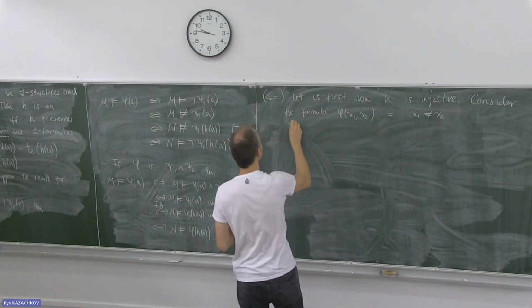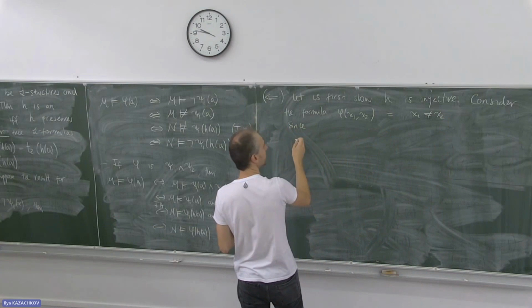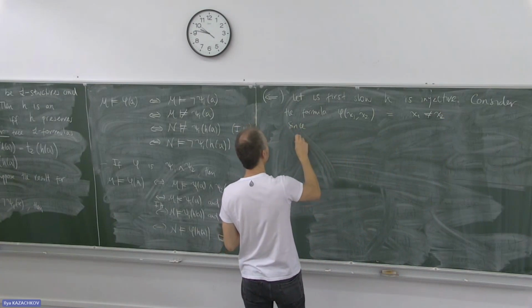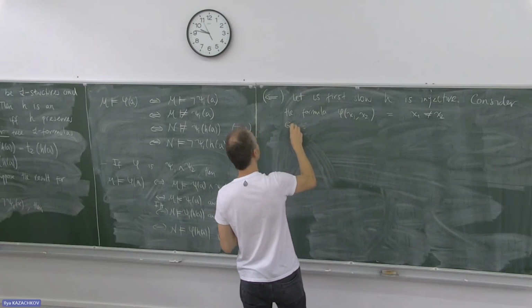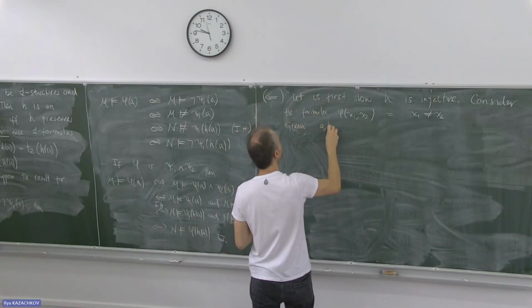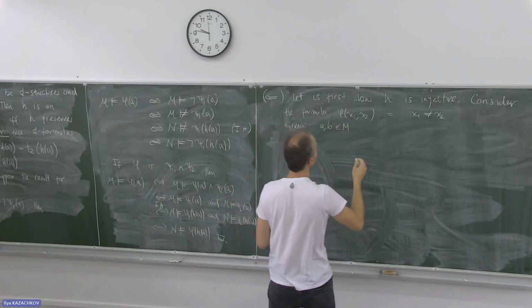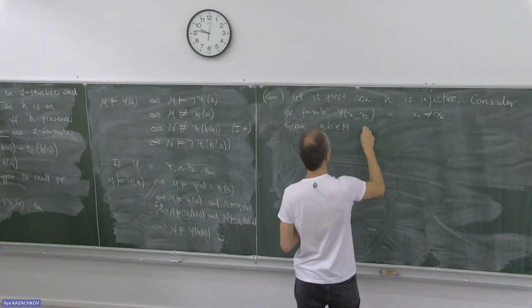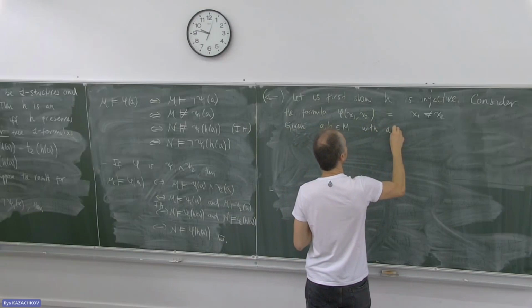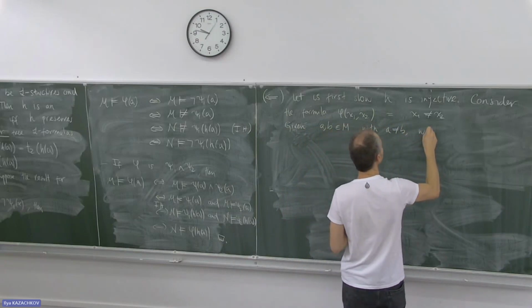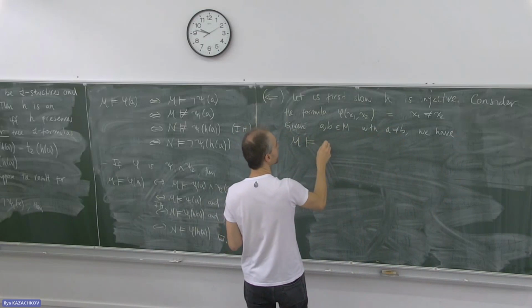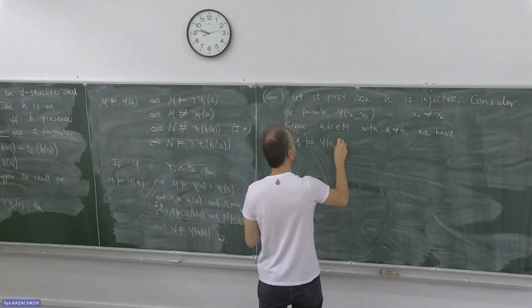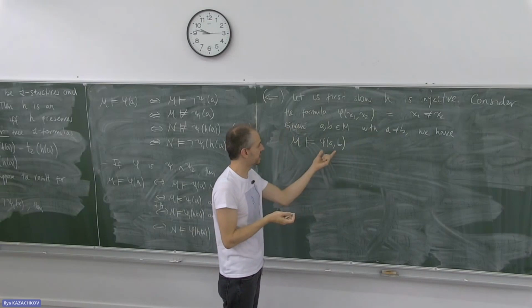Then given now A and B in M, with A different than B, we have that M satisfies this formula phi of A, B, because precisely they're different.